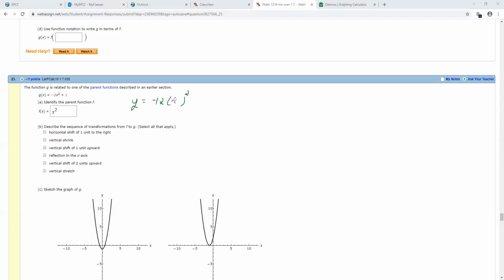So what transformations are being done? Well, nothing inside the squaring function, so nothing horizontally is being done. There is this multiplication of -1 times 2, and then there's this addition of +1. What are we supposed to do first? Once you've looked at anything that may need to be done inside the parent function, then you look outside the function. Now we go outside of the house, so to speak, and there's this multiply by 2, multiply by -1, and a +1.